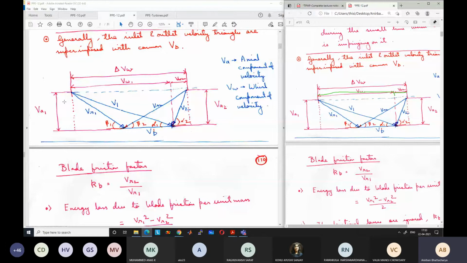The final axial component of velocity is VA2. So if the relative velocities are equal, VR1 is equal to VR2 and angles beta 1 and beta 2 are equal, if the blade is symmetric, what will be the change in axial component of velocity? What will be the value of VA1 minus VA2?